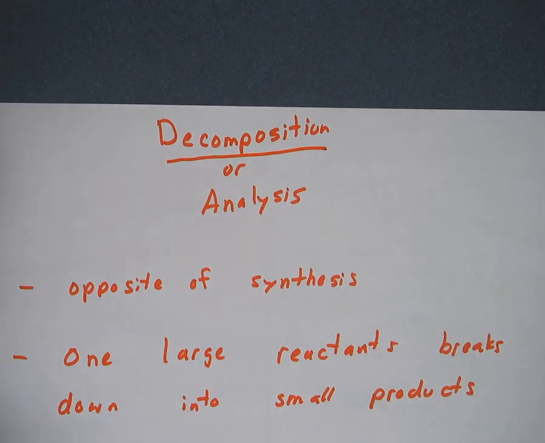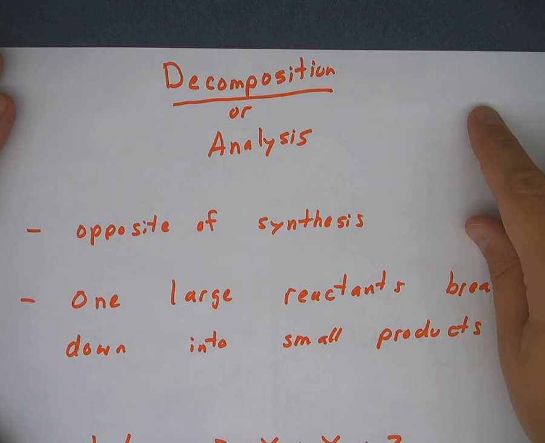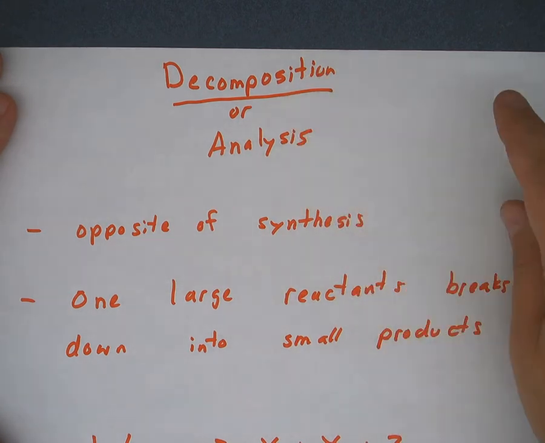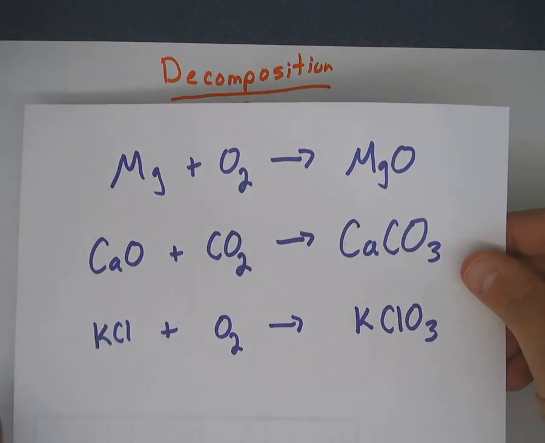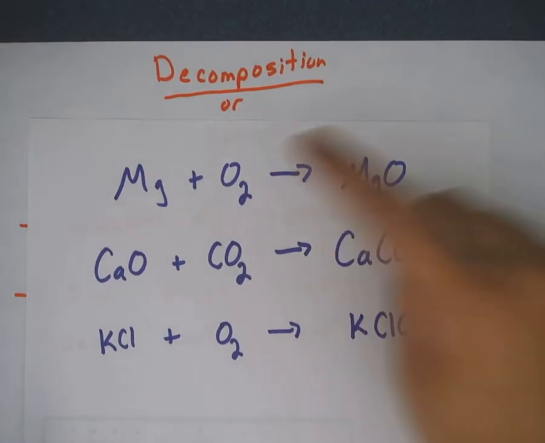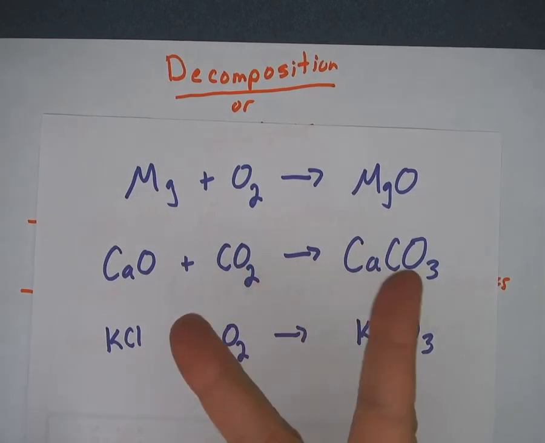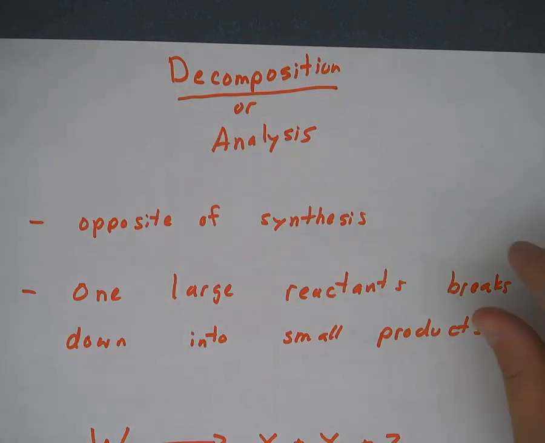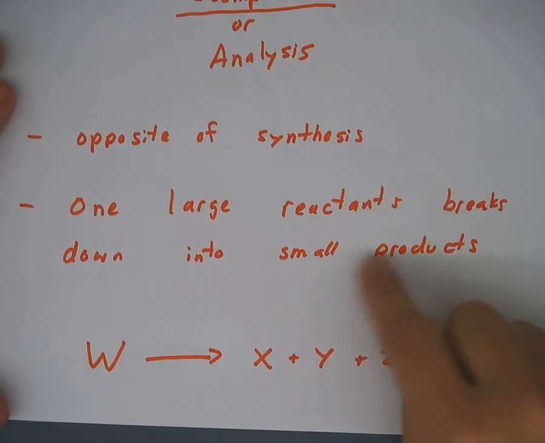This is where instead of building something, we're breaking something apart, like decomposing matter, a decomposing tree or something like that. If I took all these synthesis reactions and drew the arrow pointing the other way, took the reactants and the products and flipped them around, they would be decomposition. It's when one large reactant breaks down into smaller products.